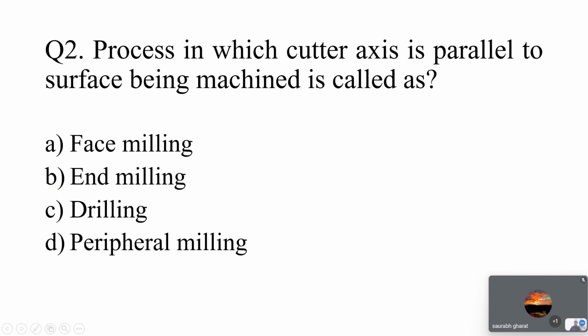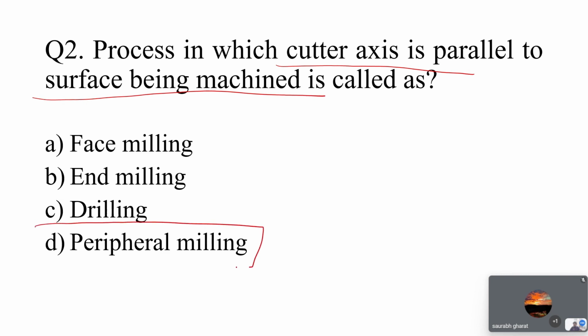Okay. The process in which the cutter axis is parallel to the surface being machined is called as what? So it's peripheral. Okay, it's simple because in peripheral milling, this is your milling cutter and this is your workpiece which is downwards.